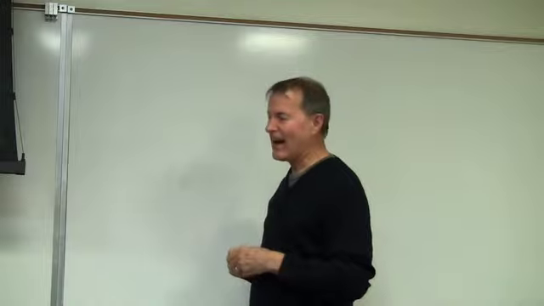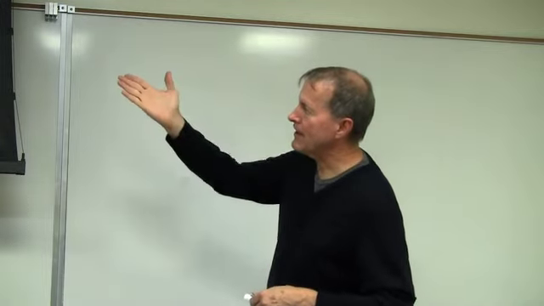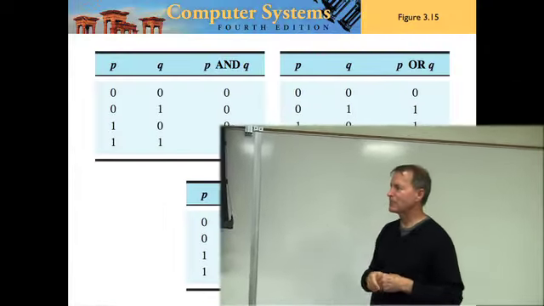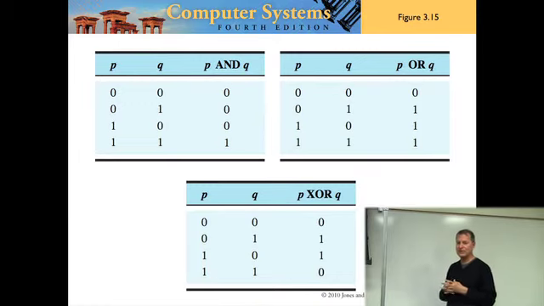Okay. Now, in figure 3.15, we have 3 more operations: AND, OR, and Exclusive OR. Exclusive OR is denoted by the letters XOR. One of the operations that the computation unit in the CPU can do is these logical operations as well.